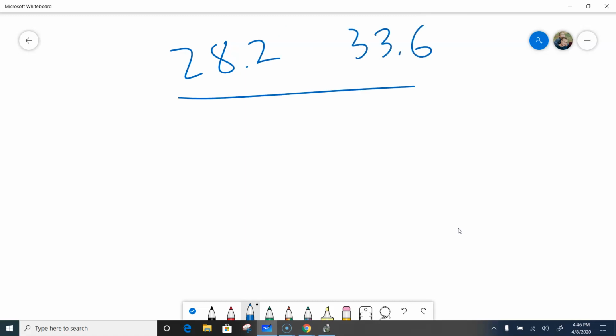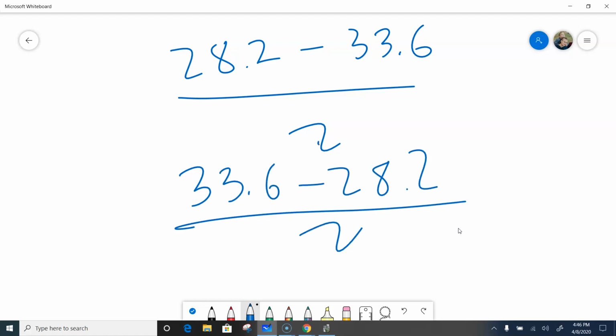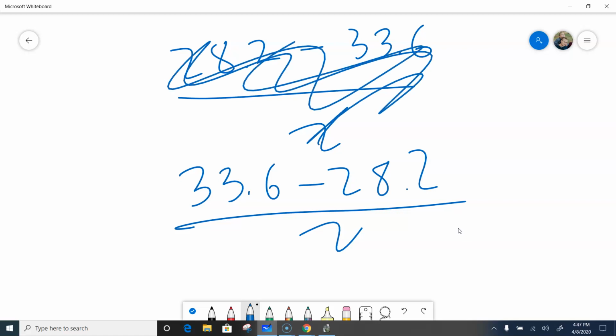So if you remember, when I wanted margin of error, I subtracted those two. Oops. That's not going to work. We've got to subtract them in the other order, right? 33.6 minus 28.2 divide by 2. Otherwise, we get a negative margin of error. That won't make a whole lot of sense.